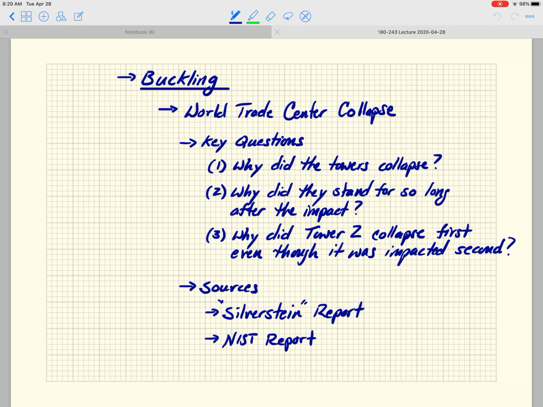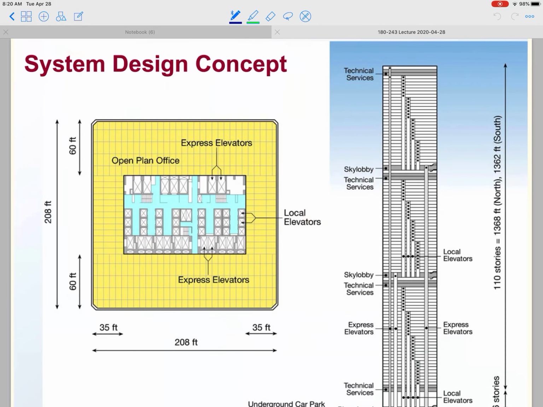So before we jump into what happened when they were impacted and shortly thereafter, we've got to talk a little bit about what the World Trade Centers actually looked like, right?